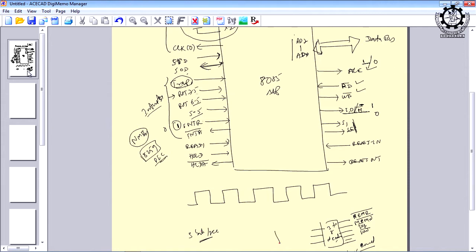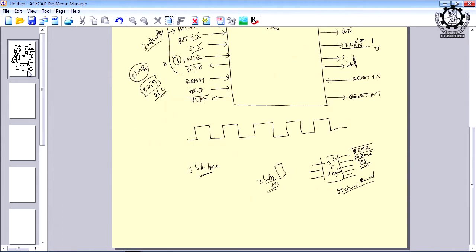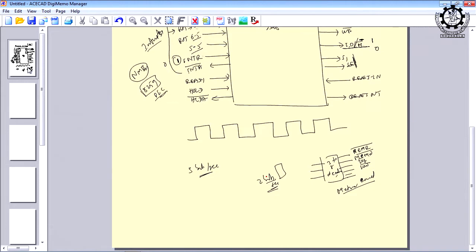But a memory system is capable of receiving only 2 bits per second. That means in 1 second, the 8085 sends 5 bits, but in the same second, memory is capable of receiving only 2 bits. So, what is the situation?